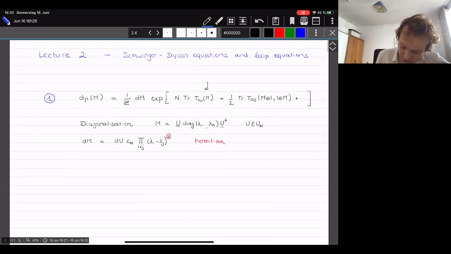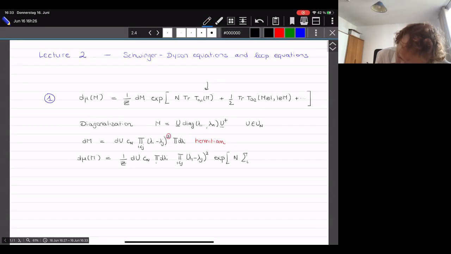So the measure would look like 1 over Z, the U constant, this Vandermonde squared, the Lebesgue measure on the lambda i's. And well, here in the exponential, you have N and the sum over i of T01 of lambda i.